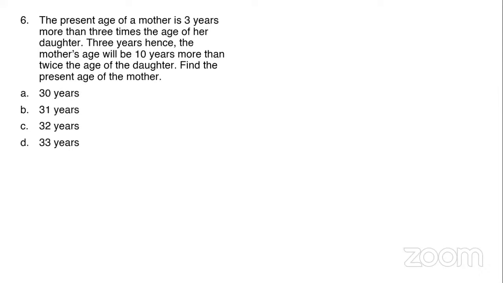So let's say we can write the age of the daughter as D, and the age of the mother is M. So M is equal to 3 times the age of the daughter, 3D, and 3 years more than that, so 3D plus 3. M is equal to 3D plus 3.